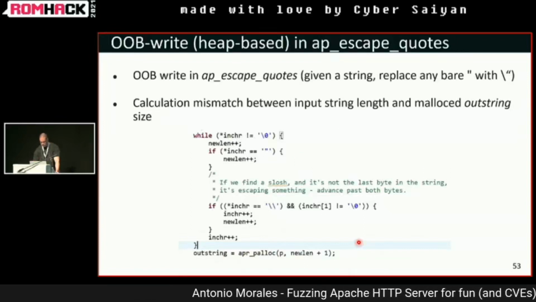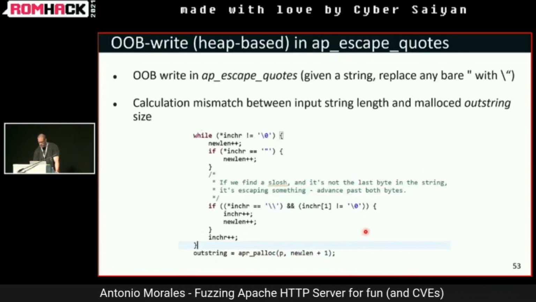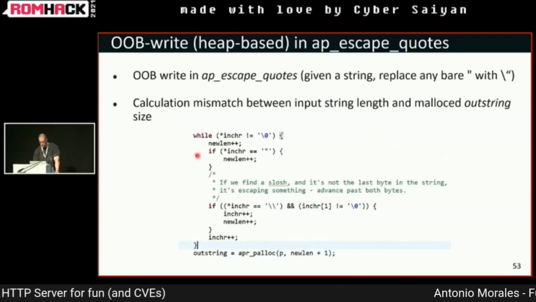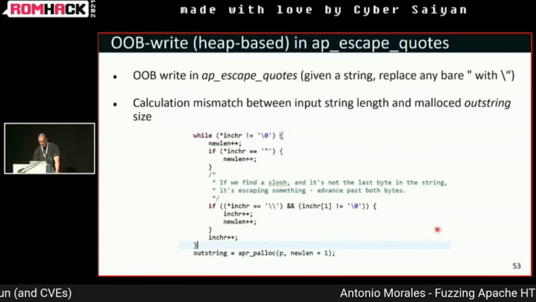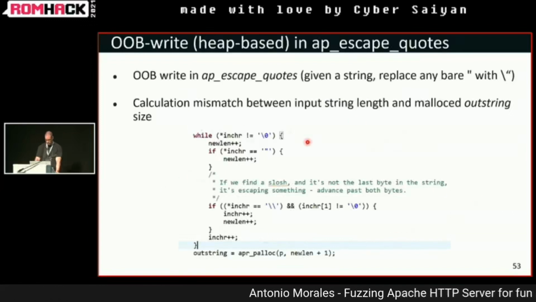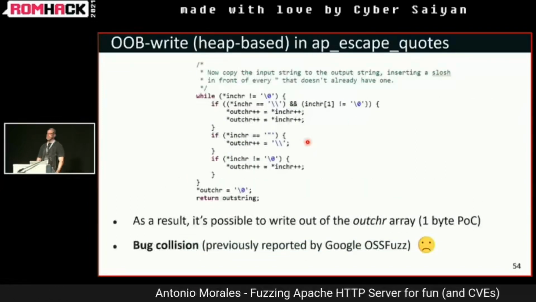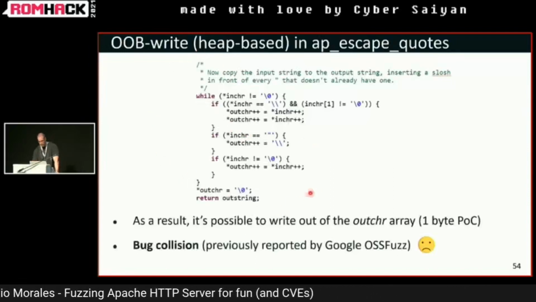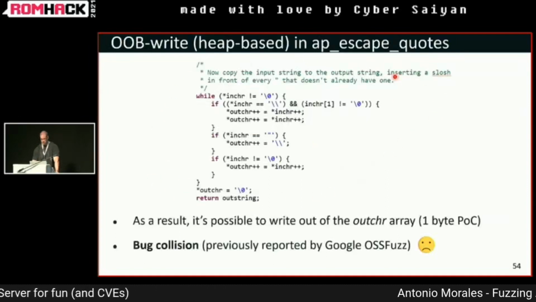In this first code snippet, I show the code that is used to calculate the length of the input string. And in this second picture, you can see that the code for calculating the size of the output string is different.